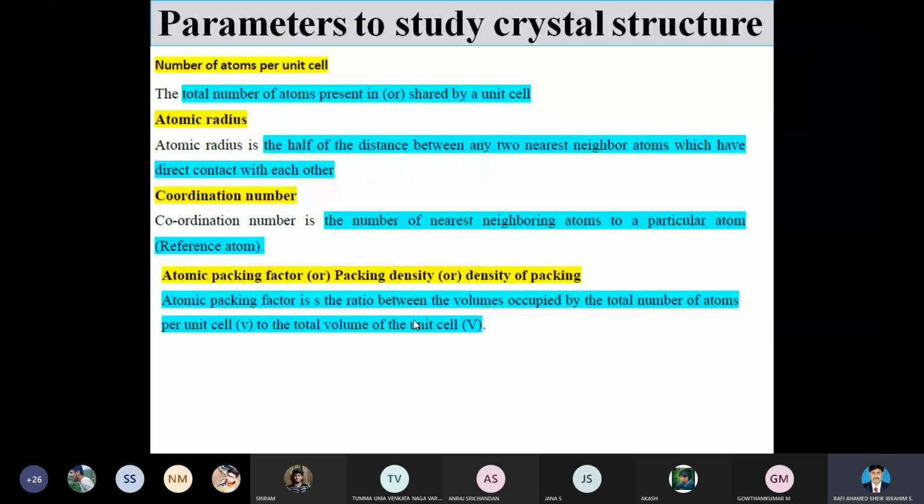That is measured from the atomic packing factor. So let's see one by one. These four parameters are very important in the crystal structure.